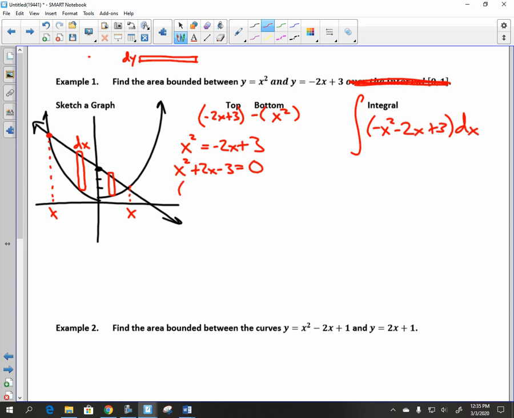Factor, and I get x plus 3, x minus 1. So the solutions are negative 3 and positive 1. So I have negative 3 and I have positive 1. Those are now my bounds of integration.